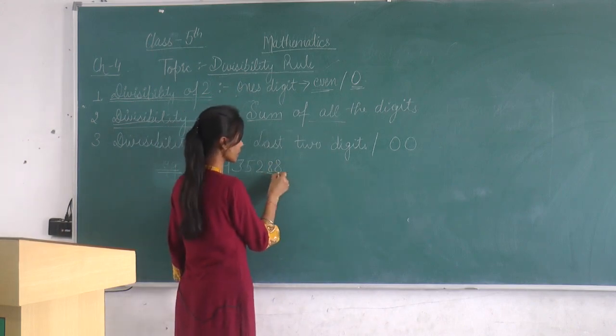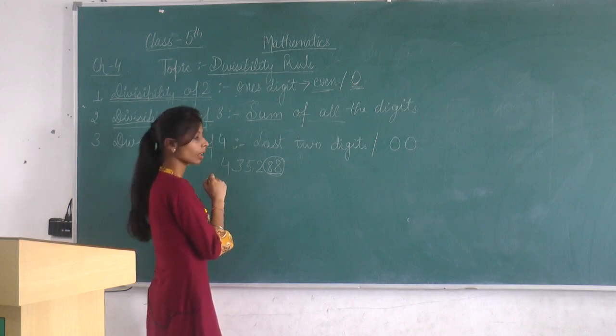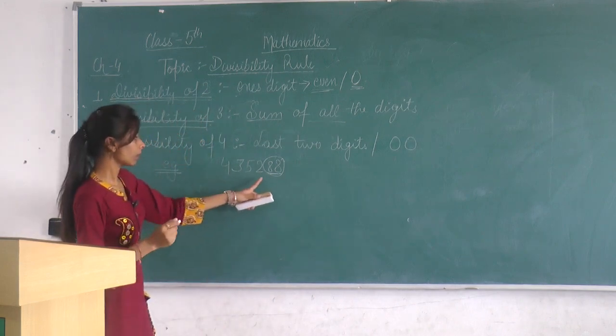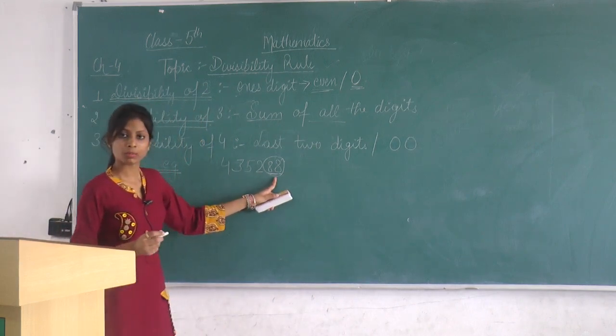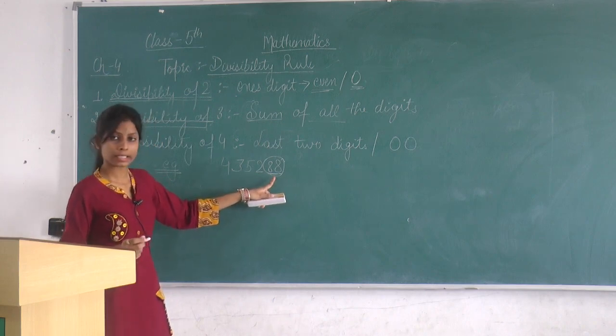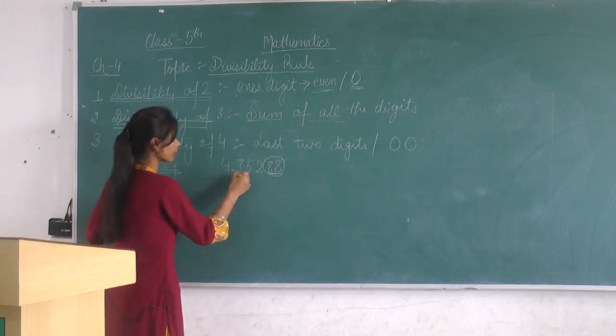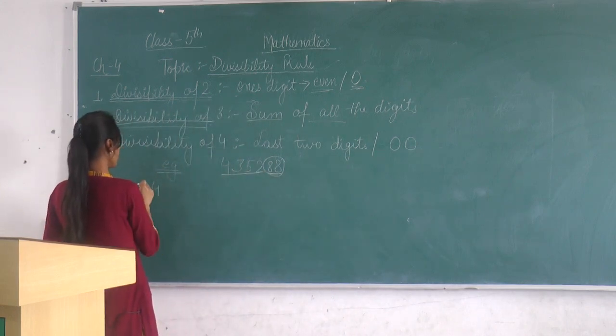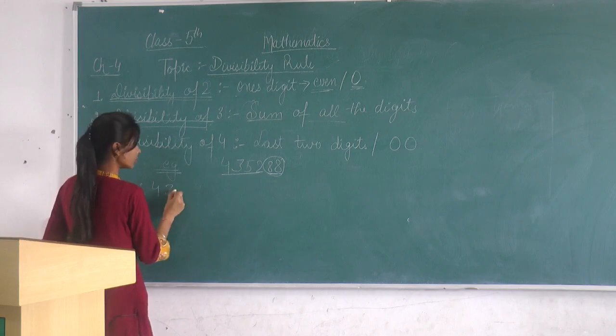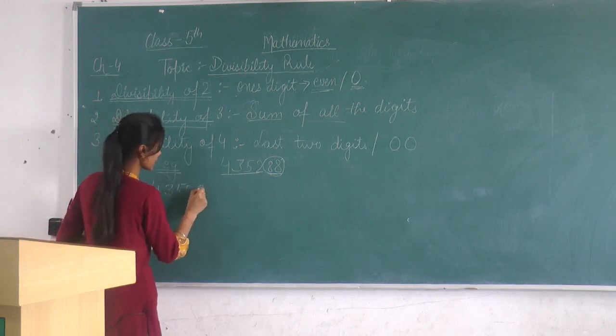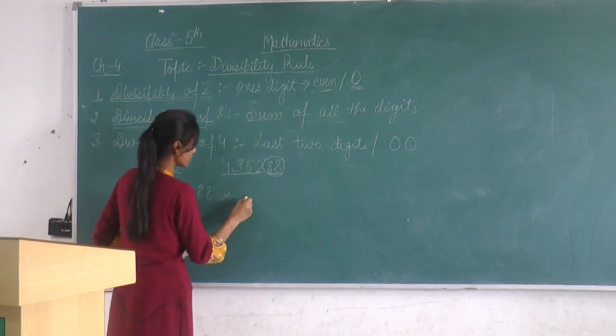Here the last 2 digits are 88. As we already know, 88 comes on the table of 4. It can be divided on the table of 4. So this number is divisible by 4.